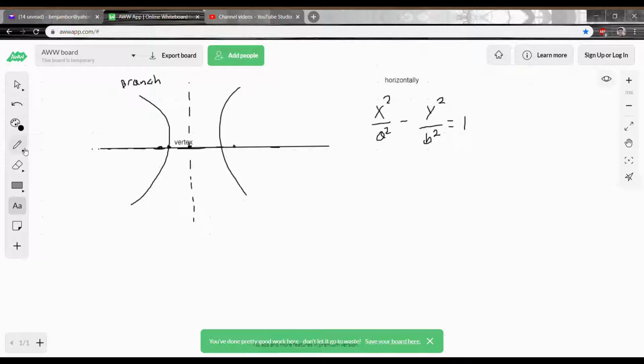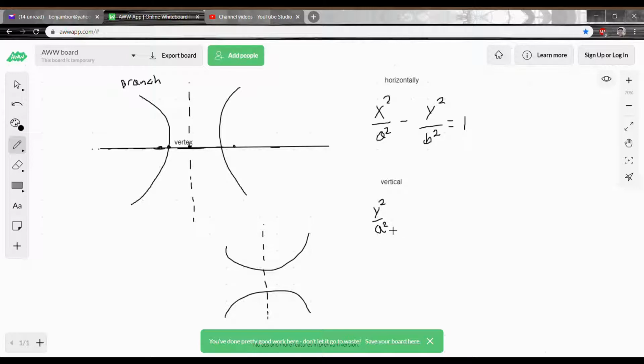We also have hyperbolas that open vertically. It would look something like this here, with the transverse axis being a vertical line. And the equation for a vertical hyperbola is going to lead with the y squared over a squared.